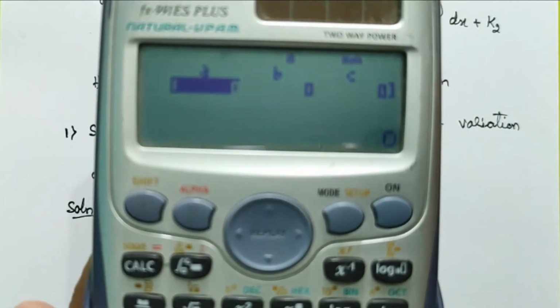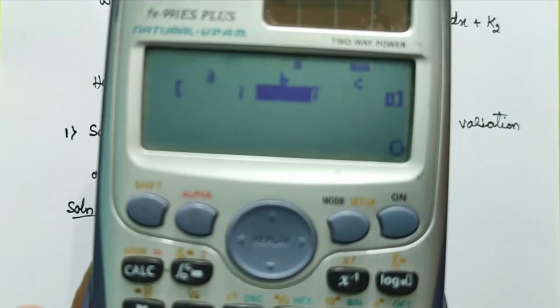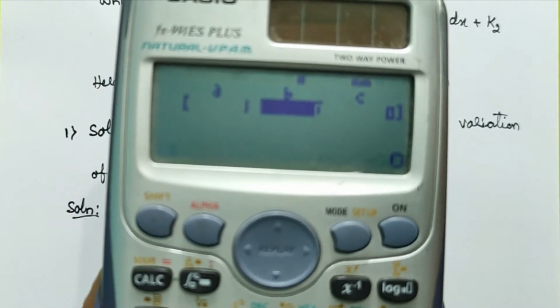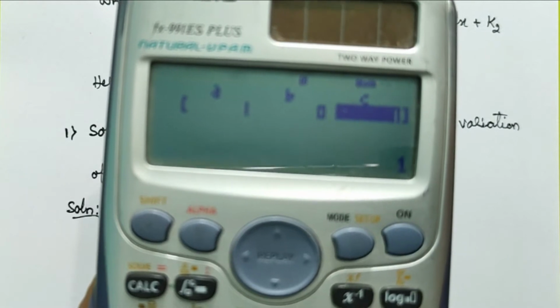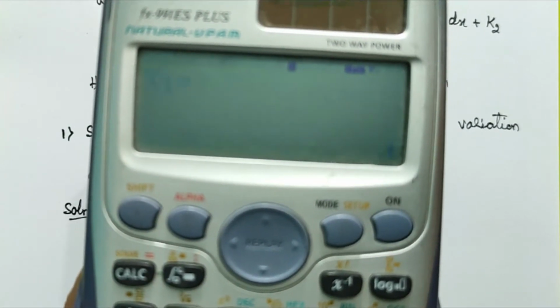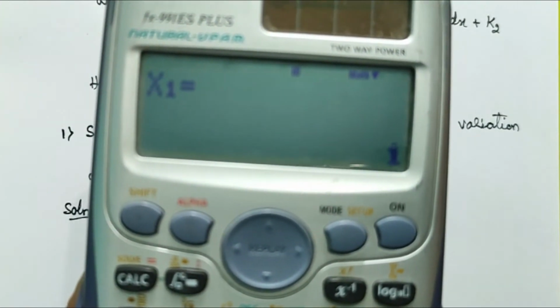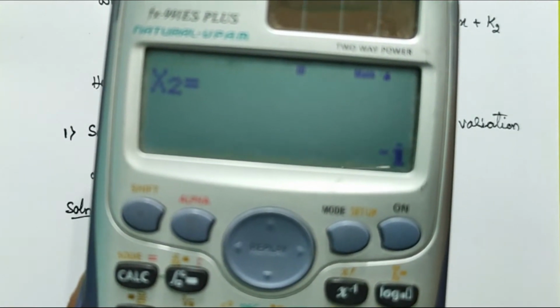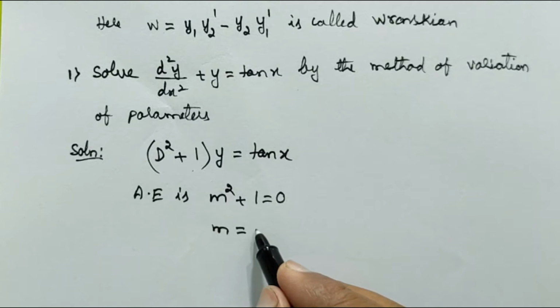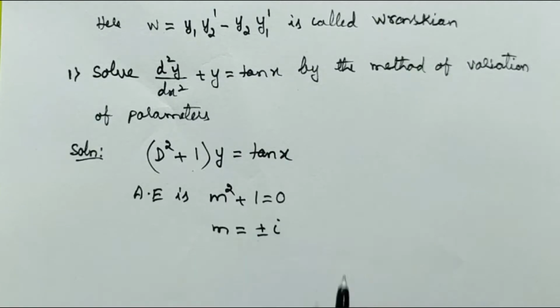The coefficient of m square is 1. There is no m coefficient, therefore we'll take it as 0. Then the constant term is 1. The roots are plus i and minus i. Therefore the roots are plus or minus i.